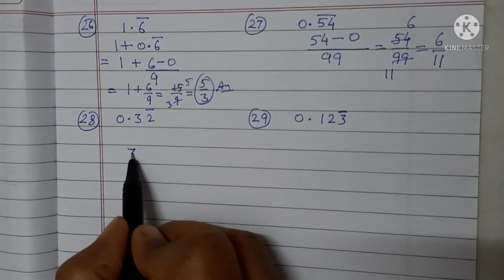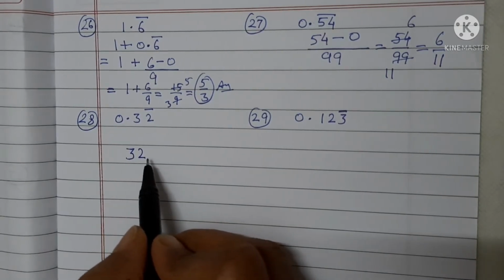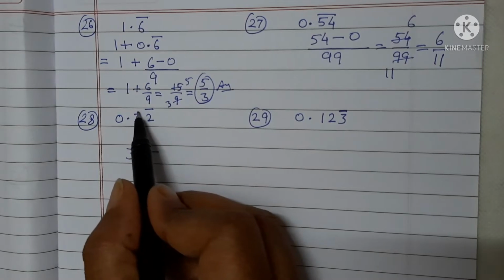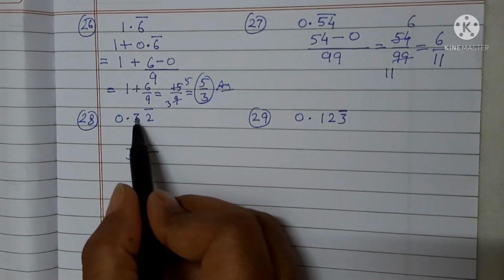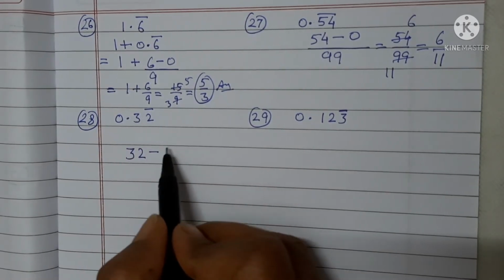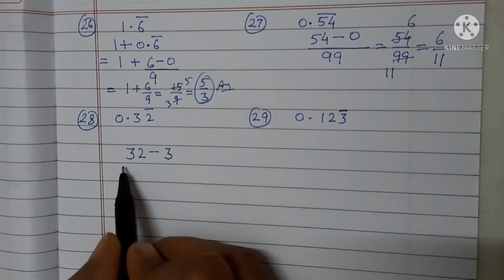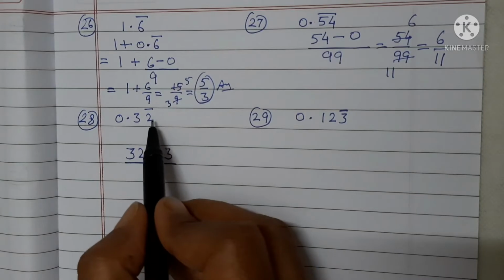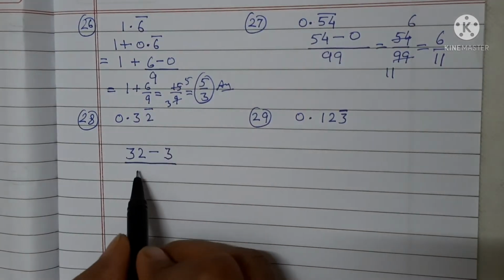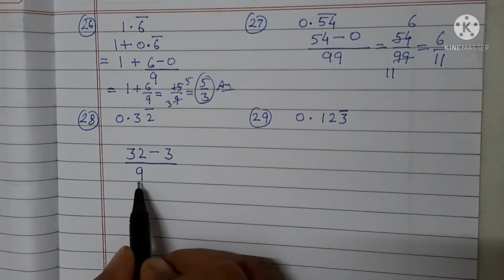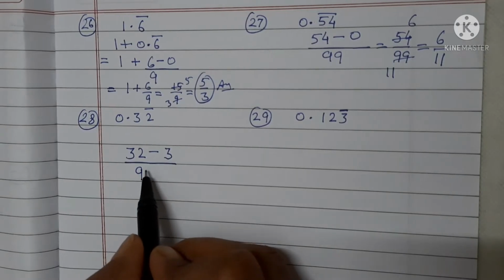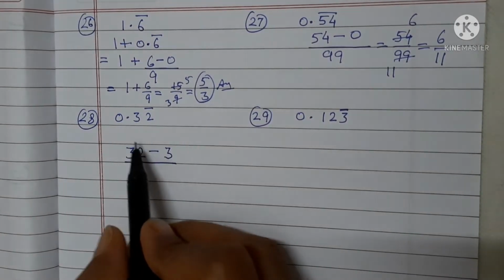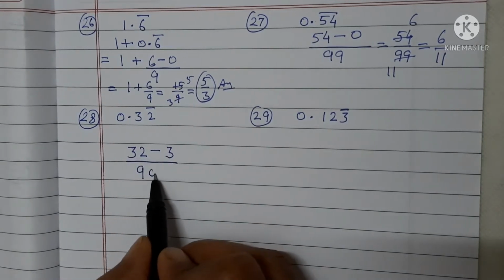Write the number as it is, 32, and subtract the digit which has no bar but is after the decimal, so here 3, subtract 3. And in the denominator only 1 digit has a bar, so you write 9, and only a single digit has no bar after the decimal, so you write 0.